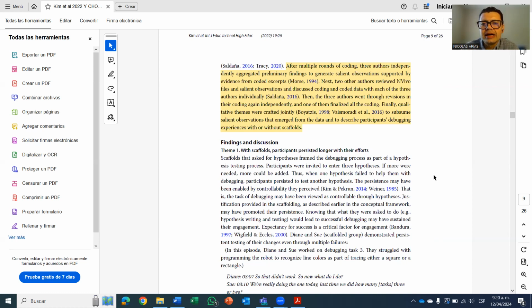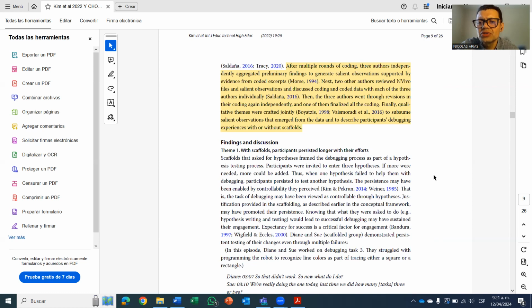They say that after multiple rounds of coding, three authors independently aggregated preliminary findings to generate salient observations supported by evidence from coded excerpts. Next, two other authors reviewed in vivo files and salient observations and discussed coding and coded data with each of the three authors individually.